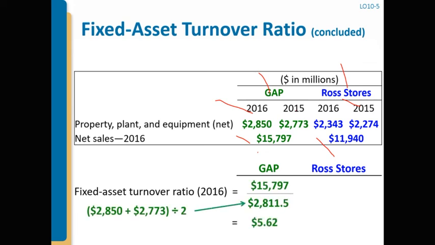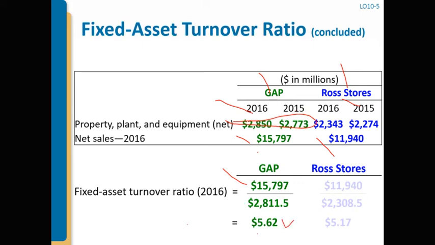So which is equal to net sales divided by average assets, the sum of these divided by 2, which is 5.62, and for Ross it is 5.17. So this means that Gap is able to make sales of $5.62 for $1 of fixed assets.